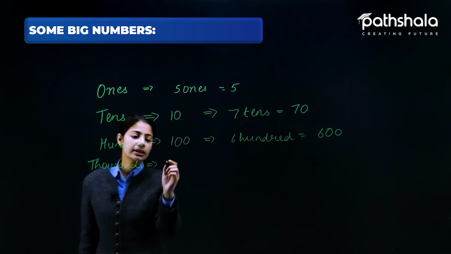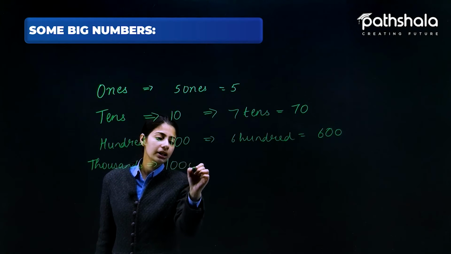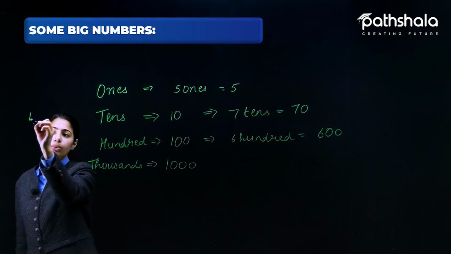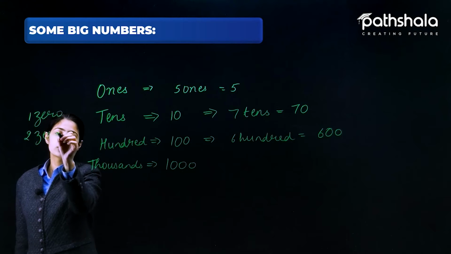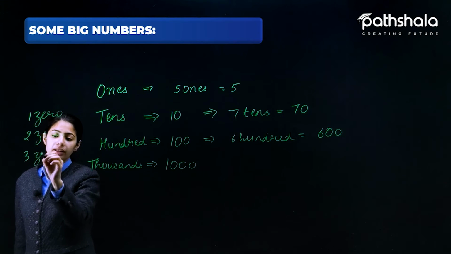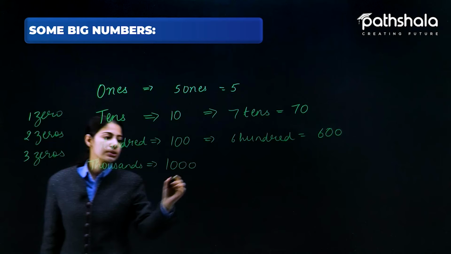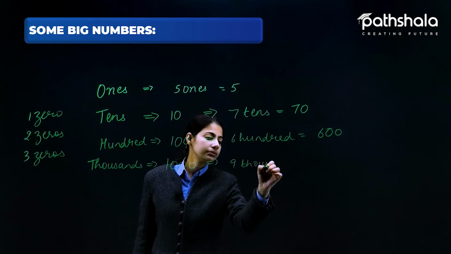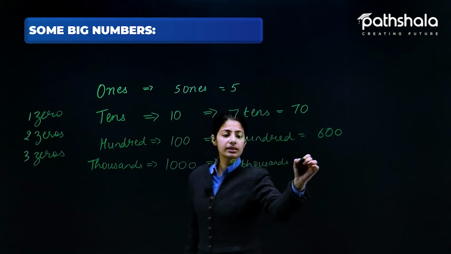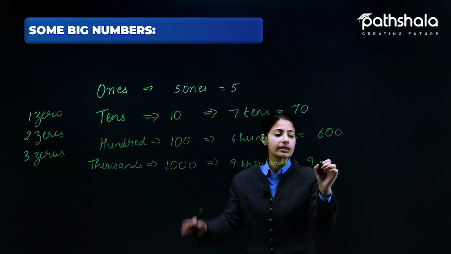So in thousands, there are 3 zeros. So in tens, 1 zero. In hundreds, 2 zeros. Thousands, there are 3 zeros. So if I say 9,000, so this means 9 with 3 zeros.